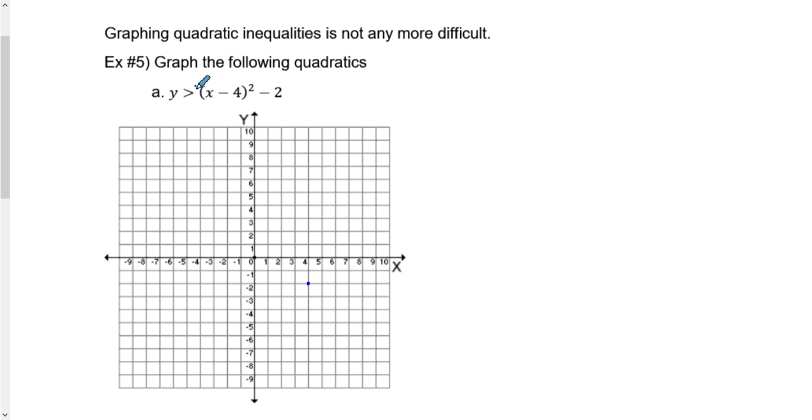It'd be a 1 in front, which means we're going to be going over 1, up 1, over 1, up 3, up 5, that'd be 7. Before you get into sketching it, notice the sign. Sign is greater than, which means we're not going to do a full solid line here. We're going to do a dashed line.